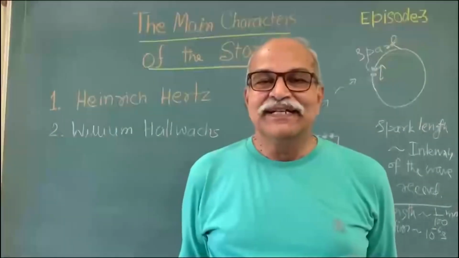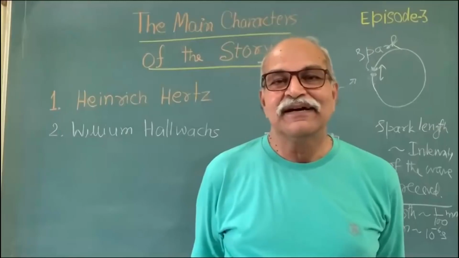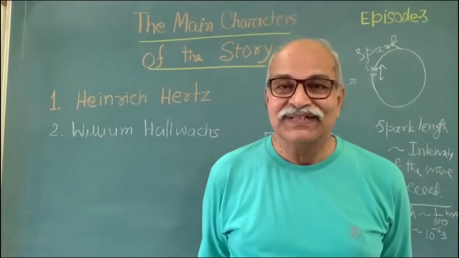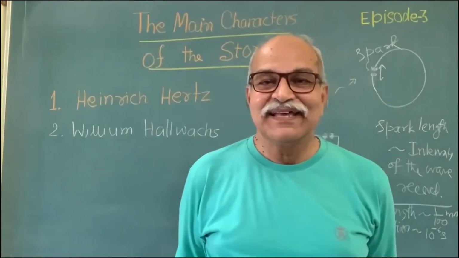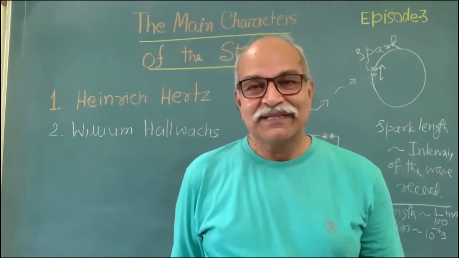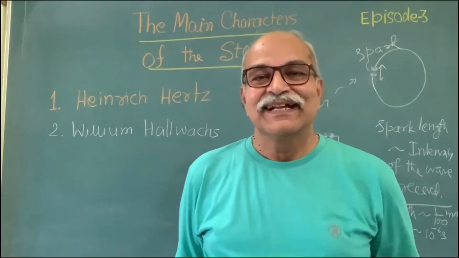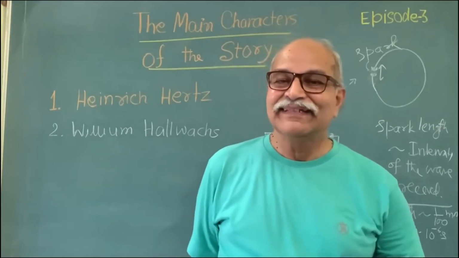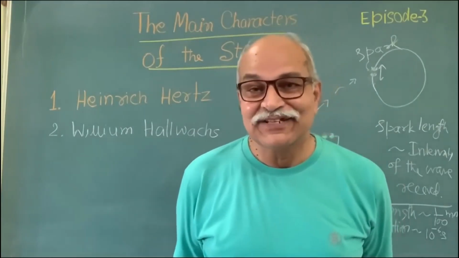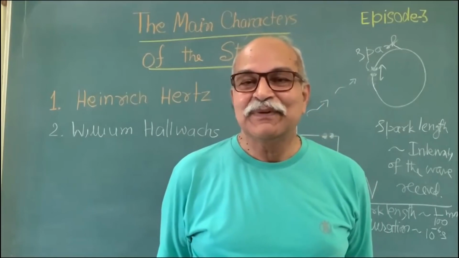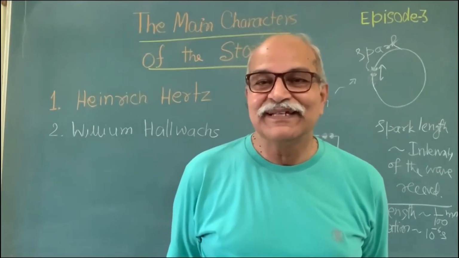So you see a dedicated work of Hertz on the interaction of light with metals under certain conditions, causing the spark length in his setup to change. The experiment, as you have seen, is very, very elaborate.